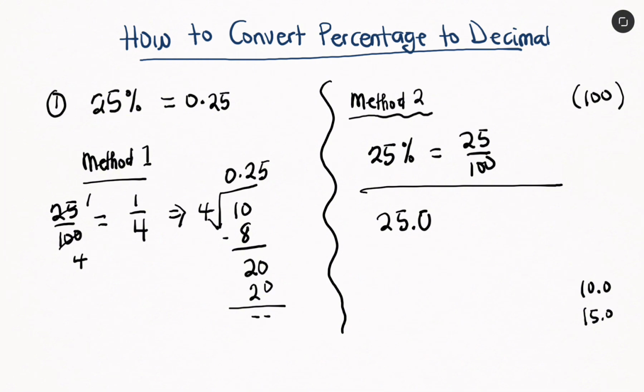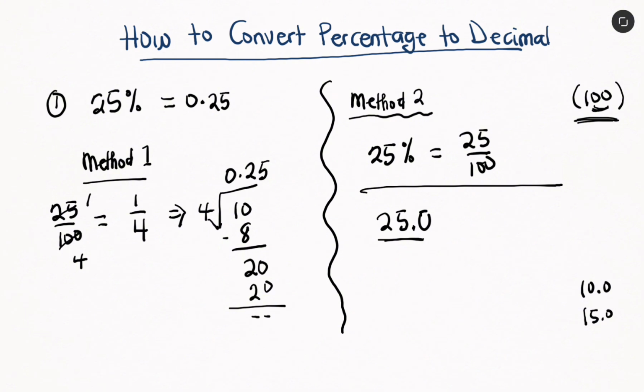You can do that. So to convert to decimal, because it is percent, it means 100. We have 2 zeros in 100. So I'll move the decimal point from my right to my left 2 times. Now pay attention. Because it is percent, or divided by 100, I'll move the decimal point from right to left 2 times.